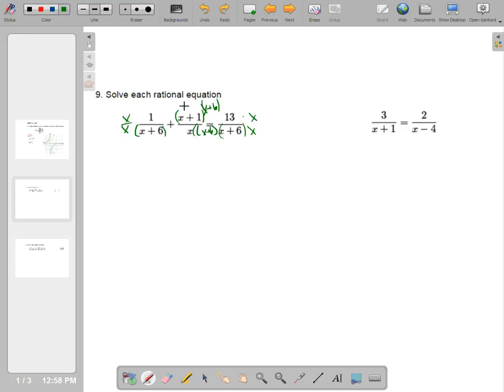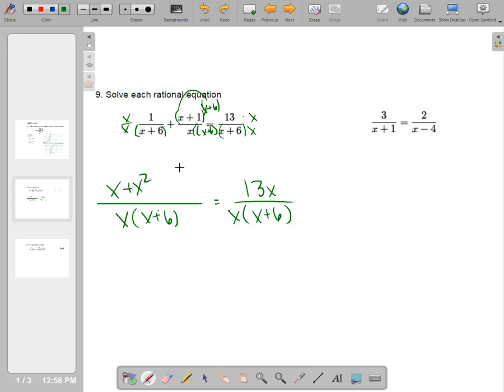Now, you're going to have to FOIL in this middle one, x plus 1 times x plus 6. So I'm going to write this on the left side as my new single fraction with denominator x times x plus 6, and then over here I have x plus 6. I know my numerator up here is 13x. This is x plus, and then when you FOIL, you're going to get x squared plus 6x plus 1x plus 6.